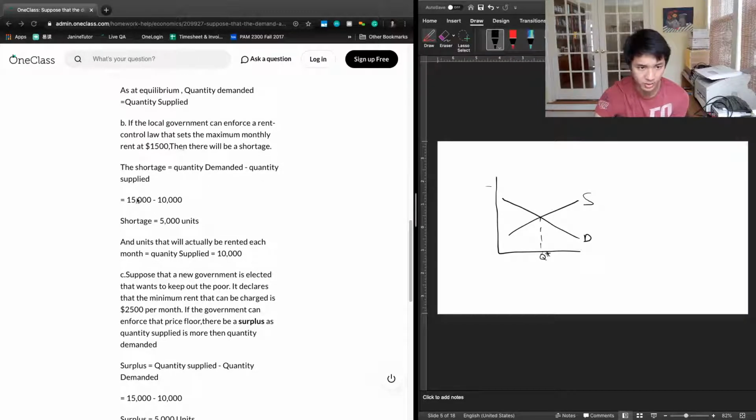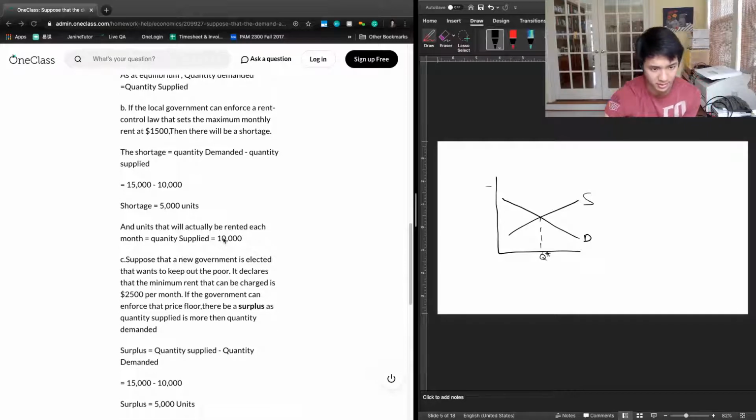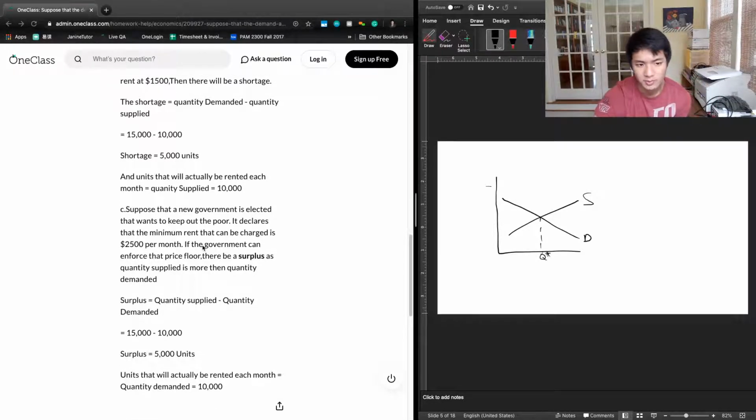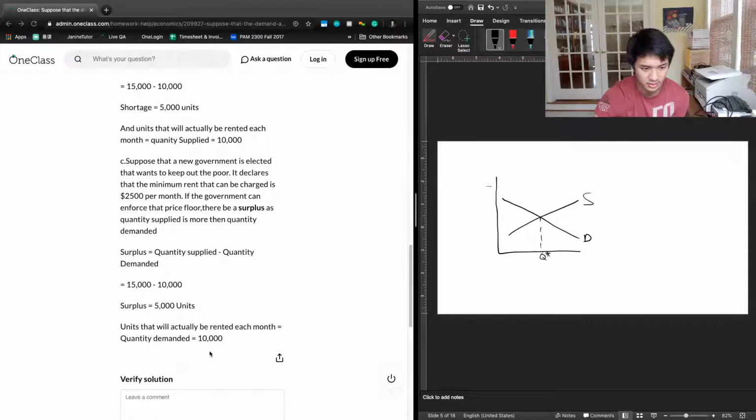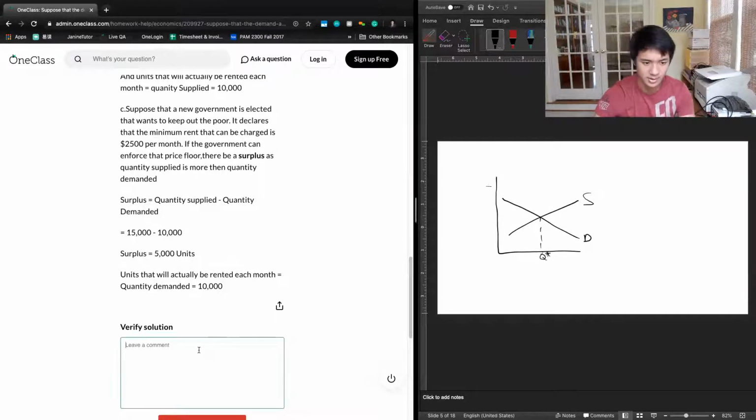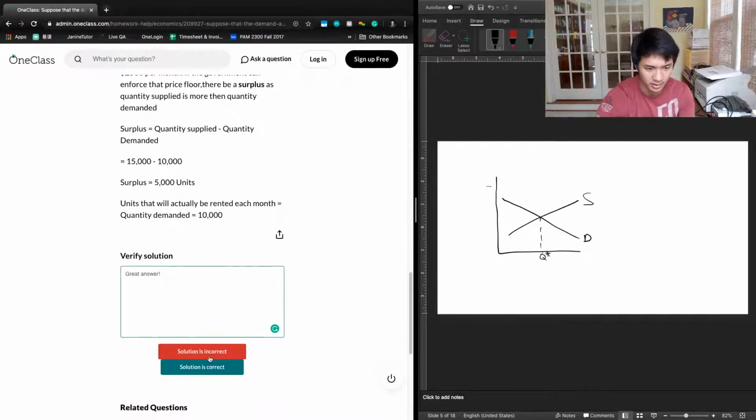And this is true. We know that the shortage will be 5,000 units, and that the quantity supplied will be the quantity rented, which is 10,000. And finally, suppose you have this price floor at 2,500. We know there will be a surplus of 5,000 extra units that are not sold, and that the quantity sold will be 10,000. And so this is great. Great answer, and we can mark that as correct.